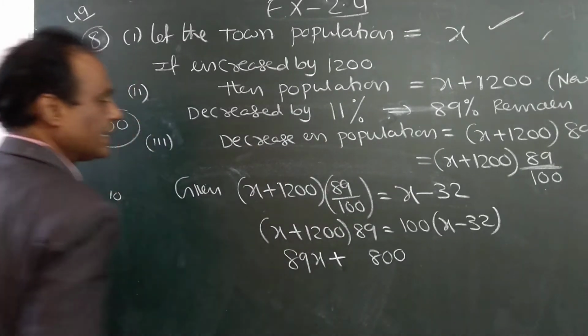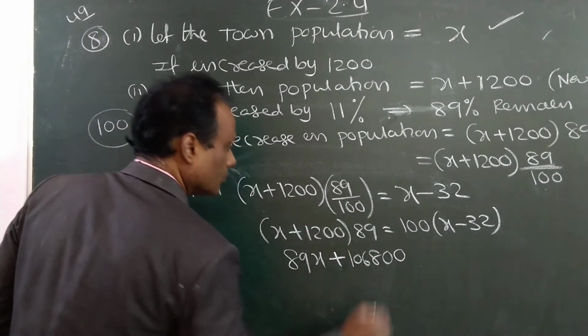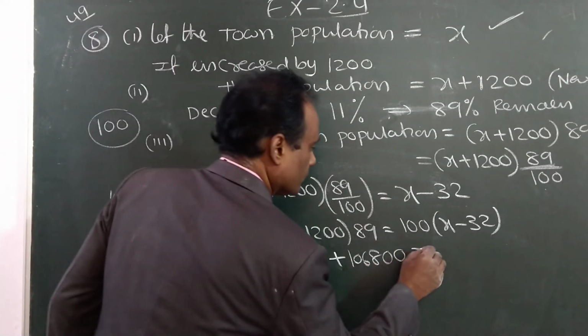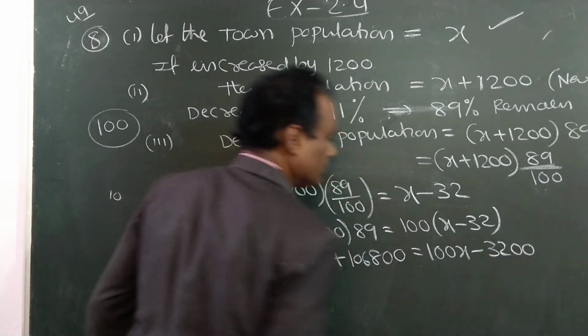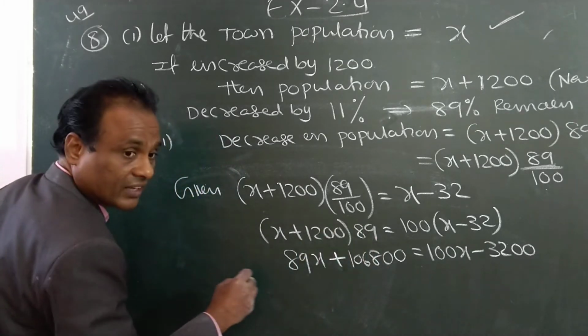Multiply 1200 into 89. All x terms, 89x minus 100x.